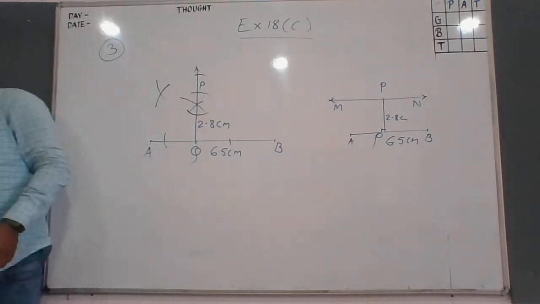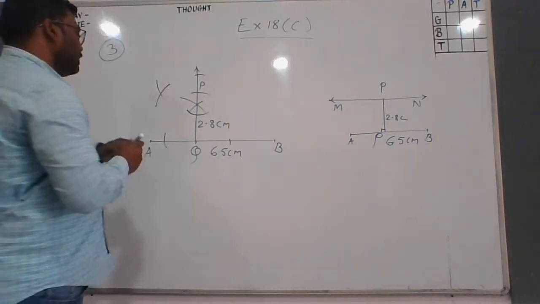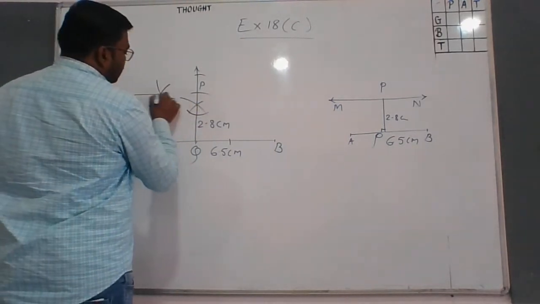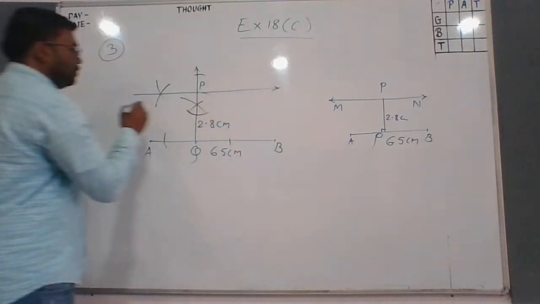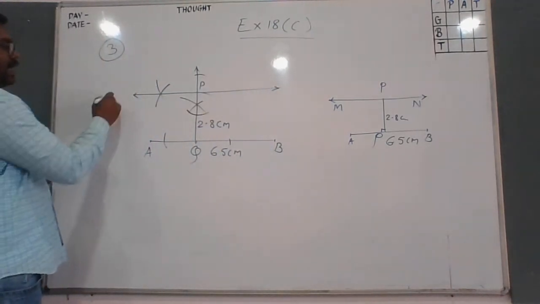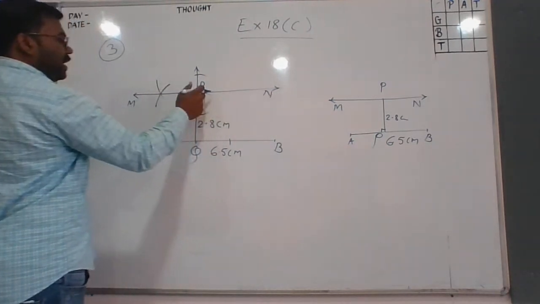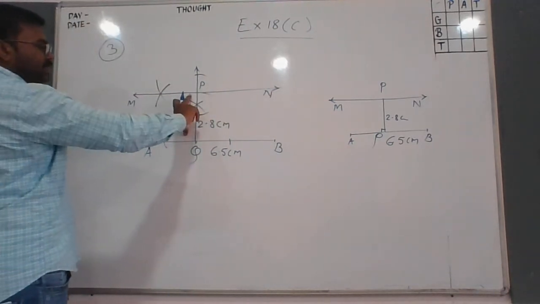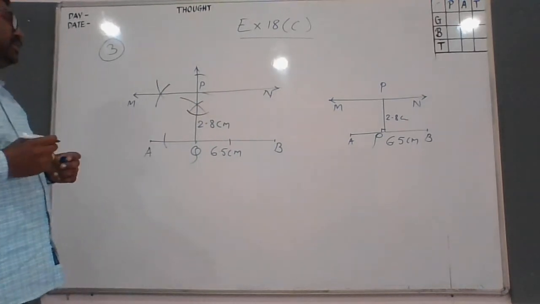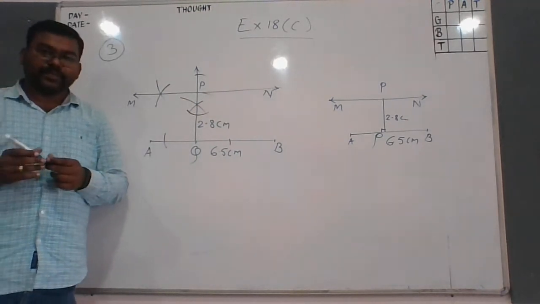Okay. So let us join this P and this point of intersection. So it is line MN parallel to AB at a distance of 2.8 centimeter. Okay.